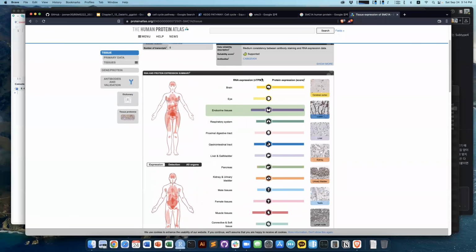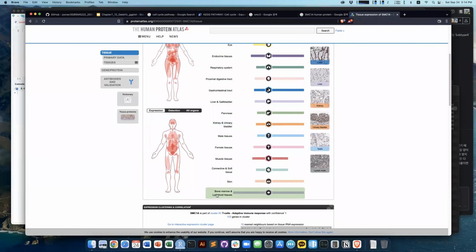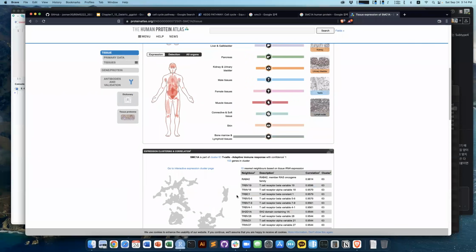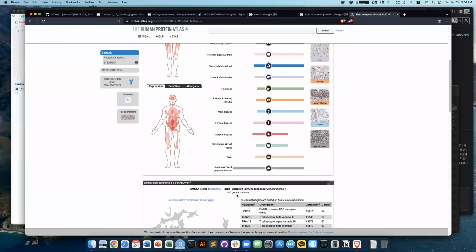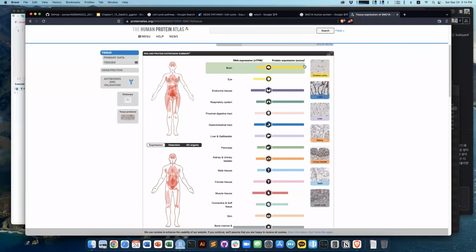So at the RNA level, which tissues have high expression? High expression comes from bone marrow and lymphoid tissues. So we can say that this gene probably works in some immune cells as well. How about the protein? Protein has high expression, but we cannot distinguish the rank.